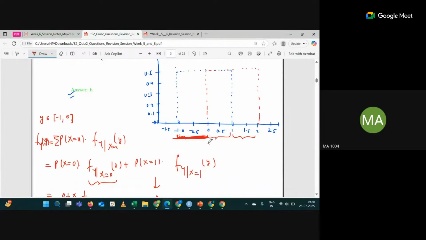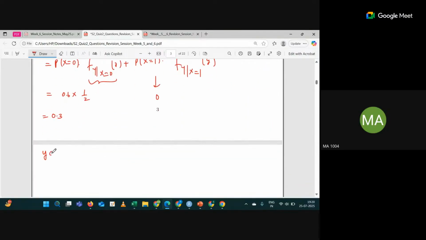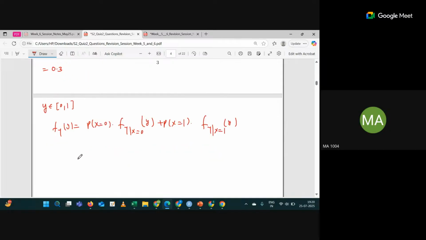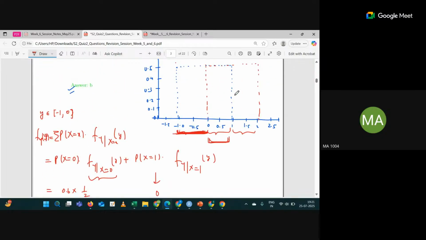So when y is in the part of 0 to 1, what will be fy of y? Probability x equal to 0 into the conditional density given x equal to 0 at y, plus probability x equal to 1 into fy given x equal to 1 at y. So there is a role of x equal to 0 and 1 both, right?